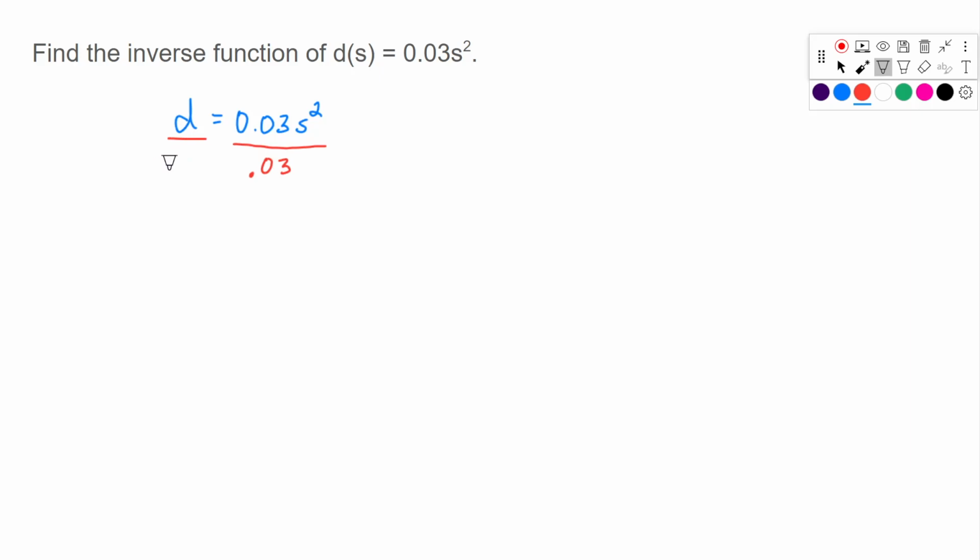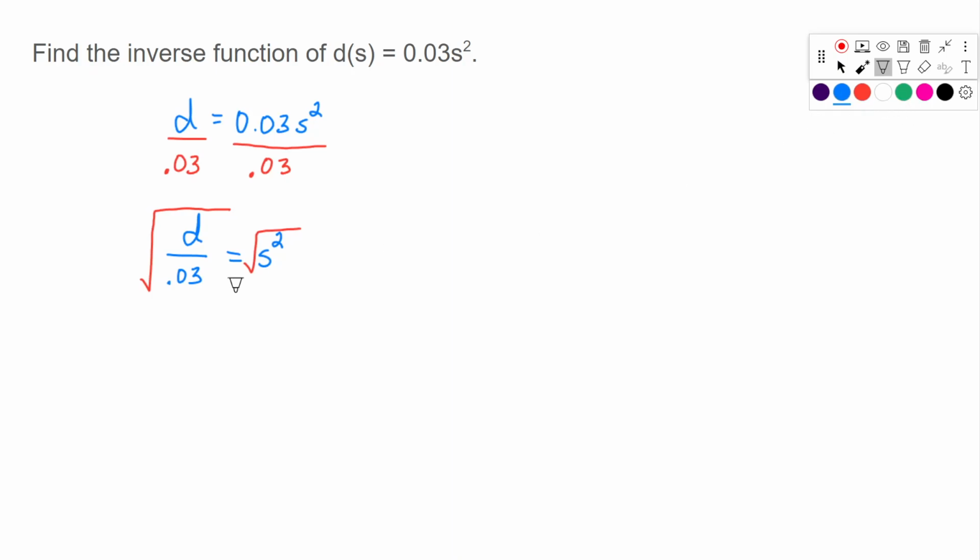Now, I can't actually divide a variable by 0.03, so that's just going to stay d divided by 0.03 equals s squared. To undo squaring something, or to undo something to the second power, you take the square root of both sides.